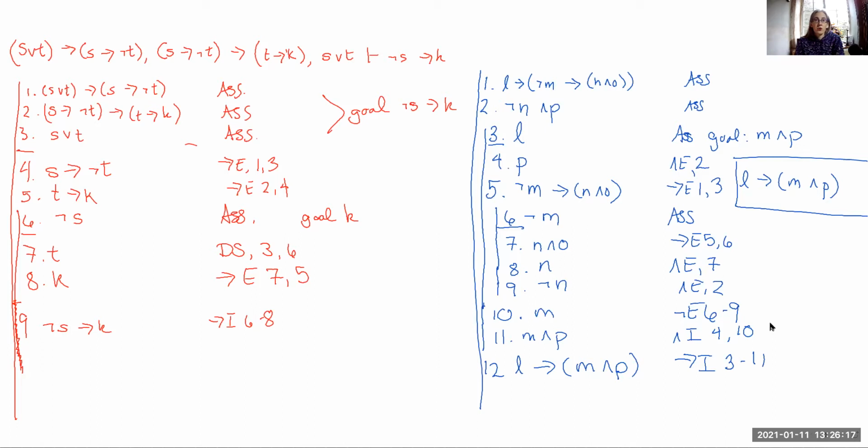Especially once we have the derived rules, there are so many routes that you can go through that they all end up just being variants of each other. It's like, well, do you do conditional elimination to go from the antecedent to the consequent, or do you use modus tollens to go from the negation of the consequent to the negation of the antecedent?